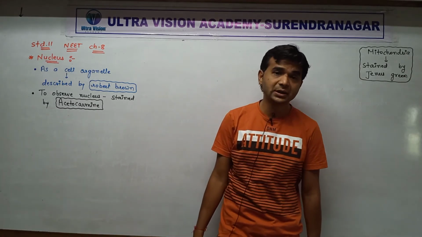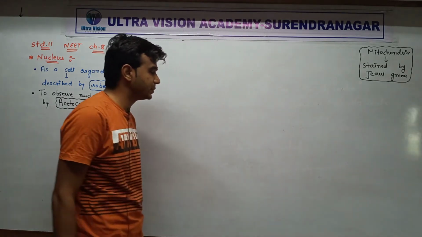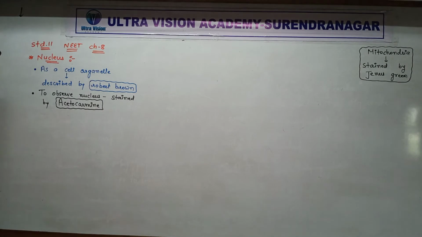It is reddish in color, and you see that dark red color. We see that under the microscope. We can see the nucleus under the microscope at low power. Fine. In 10x we can see it easily.